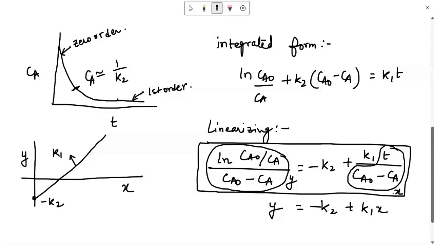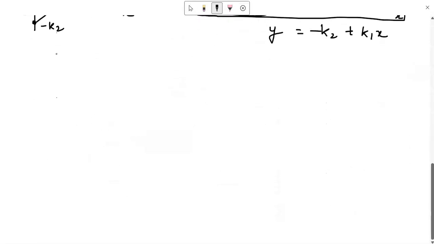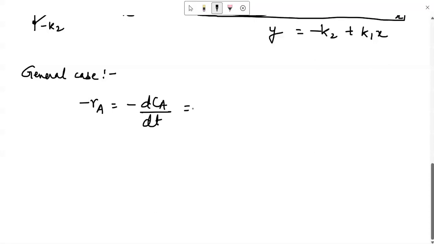So this is how you can interpret the kinetics for shifting order reactions. Now if you extend this to a very general case, the equation is very similar to what we have just studied. The general case will be minus Ra equals minus dCA/dt equals K1 Ca to the power m divided by 1 plus K2 Ca to the power n.